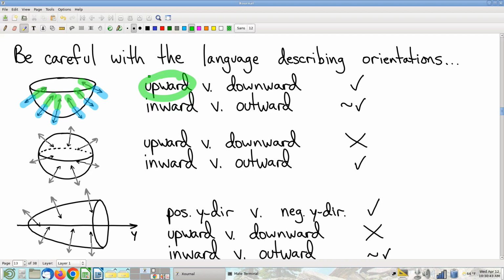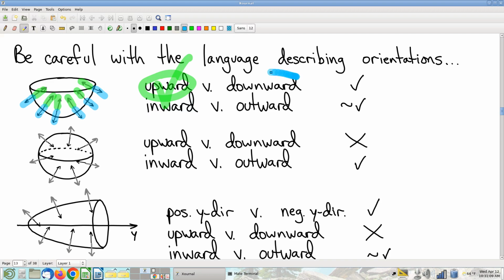So this word upward could only possibly refer to one of these two candidate orientations. So it's entirely unambiguous, even though it's not precise, right? It's not telling me the exact formula. In some sense, the whole point of using words is that I don't want to have to describe it with only formulas. I want to describe it with convenient language. So we accept the fact that that's a little bit sloppy.